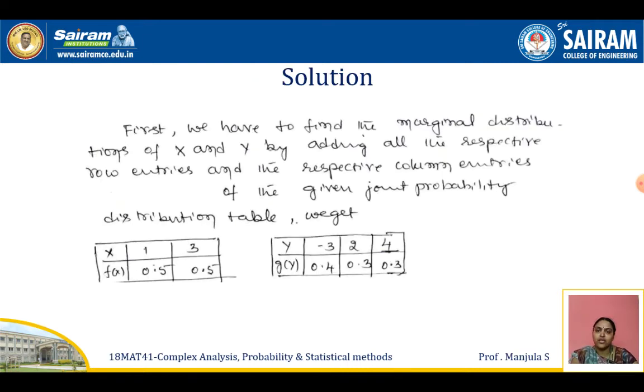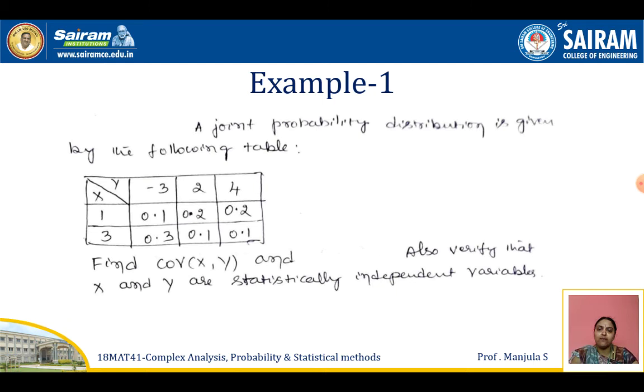Now, x equals 1, 2 is fixed, and the corresponding row-wise sums give f of x1 as 0.5 and f of x2 also 0.5. Similarly, column wise, first you write the y values, given here as -3, 2 and then 4.